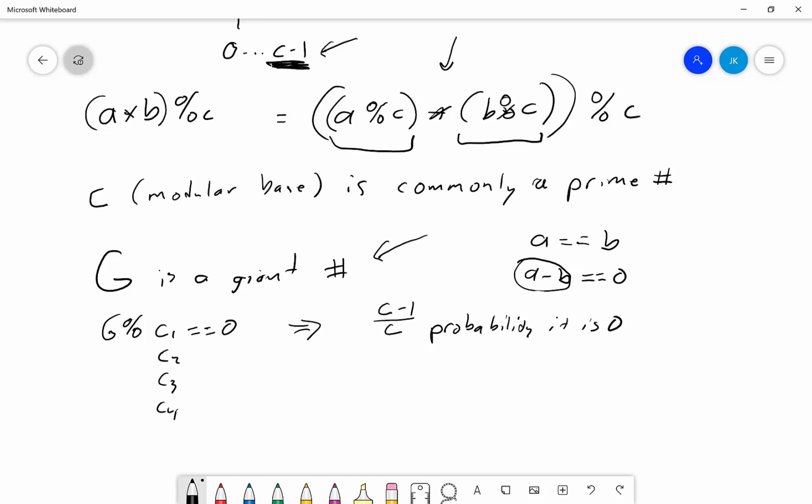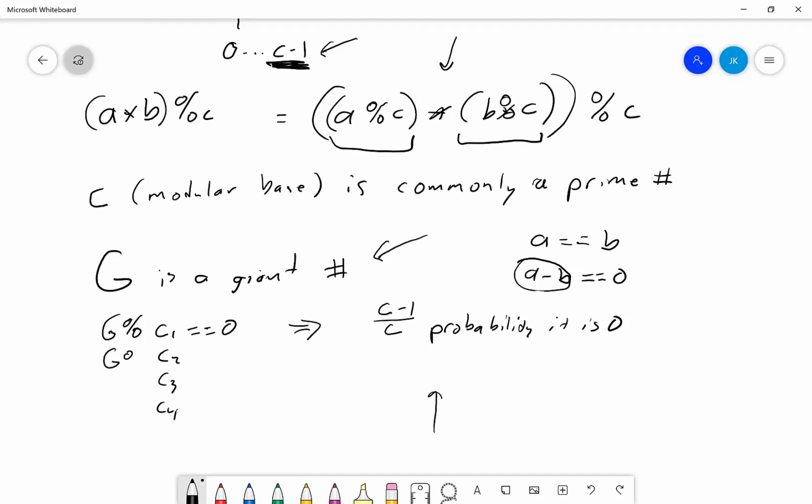Now, 1 out of 10 times it's not, it's a multiple of 10. But you can see that if you have a very large value of C, a very large prime number, say, then the chances are that G is in fact 0, even though you're not absolutely guaranteed, you're pretty sure. And the more primes you have, the more this probability goes down.